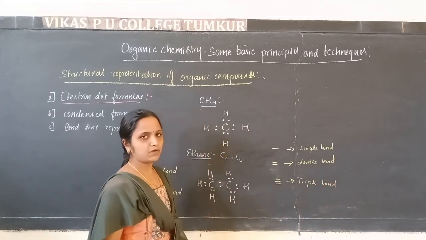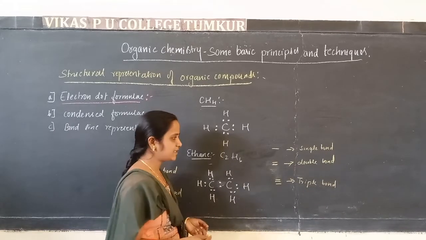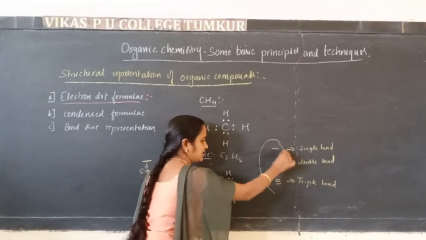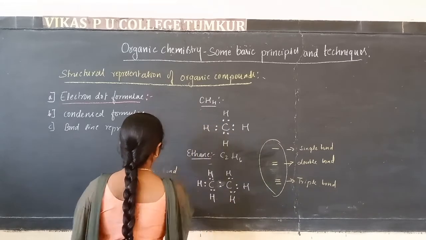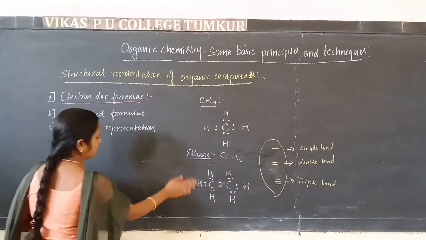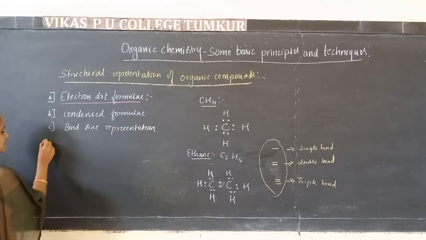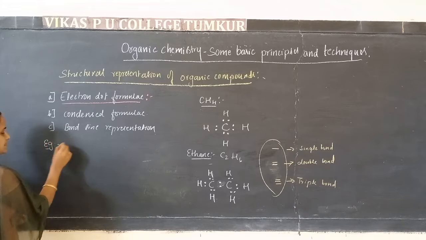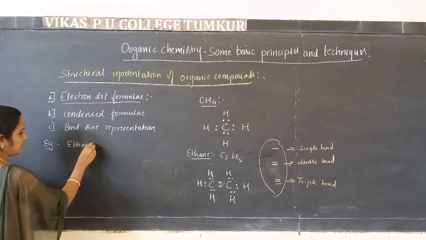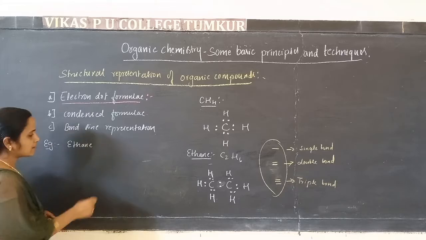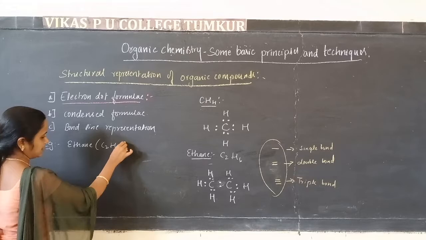Now we are going to discuss the complete structure, and how to write the complete structure using these dashes. We will take a few examples. We'll take the same example, ethane. The molecular formula of ethane is C2H6.